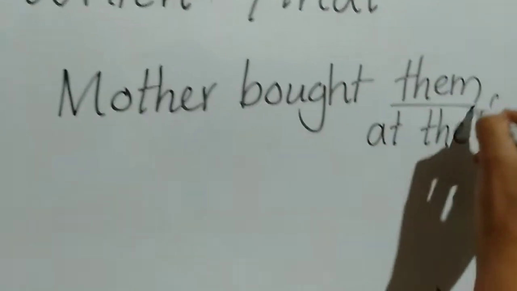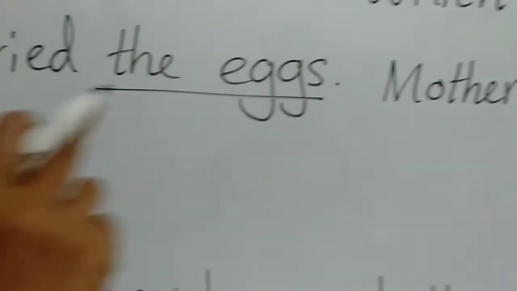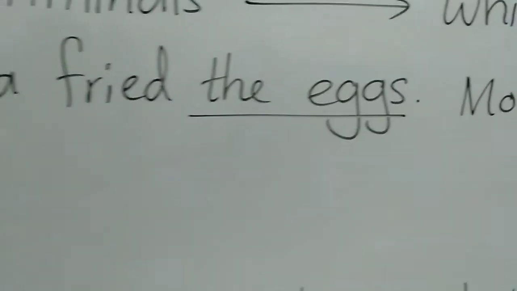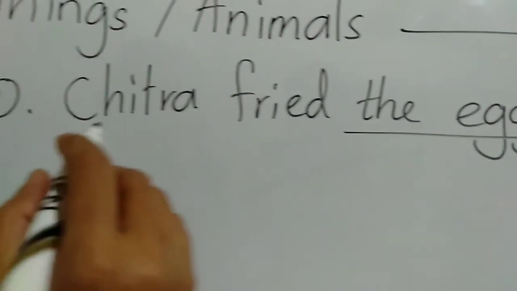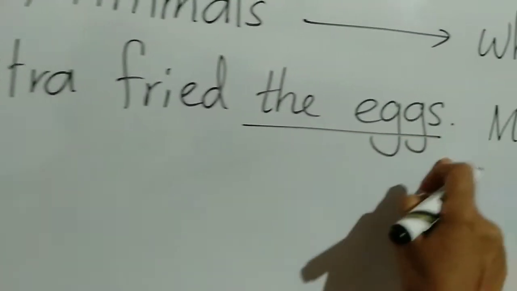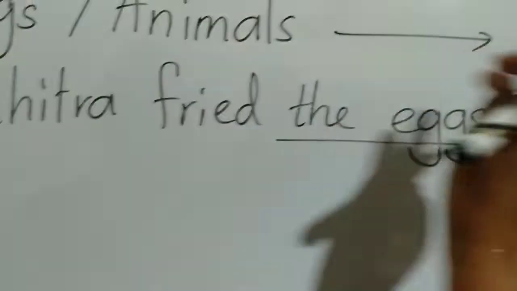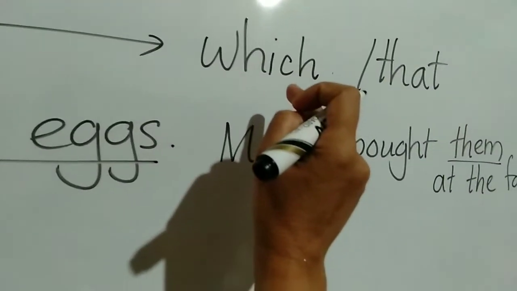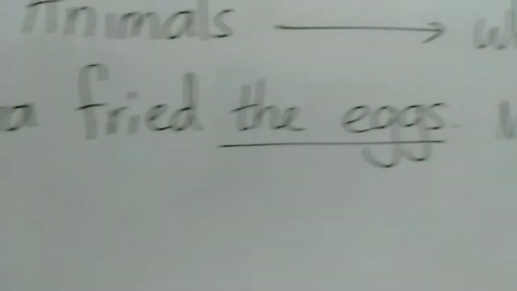With this word them, the word the eggs is described. Then how can you join? The eggs is a thing. Then the suitable relative pronoun is which. Now join.